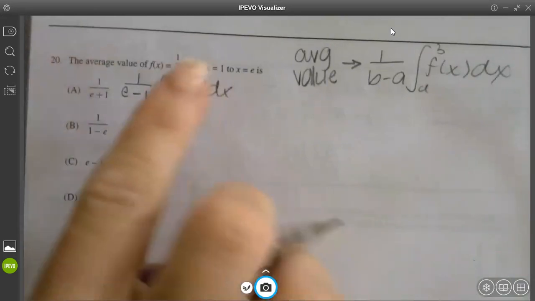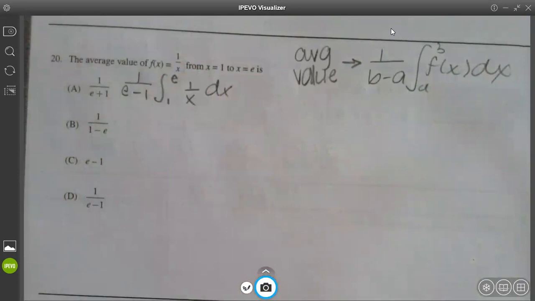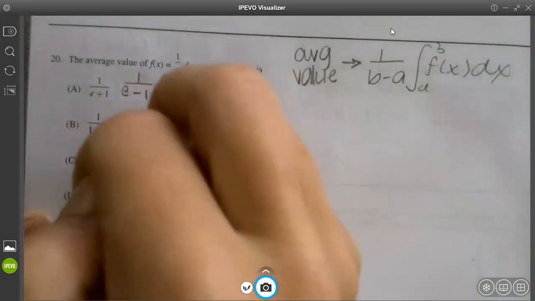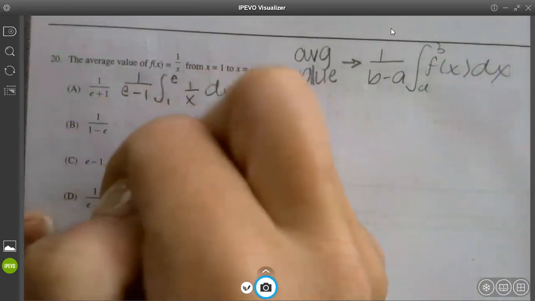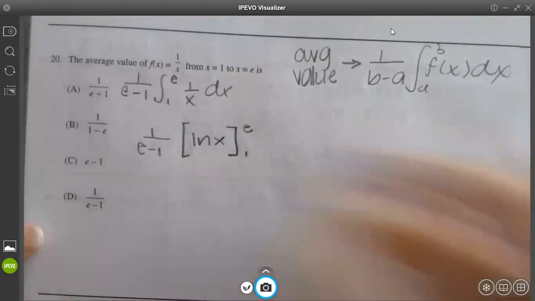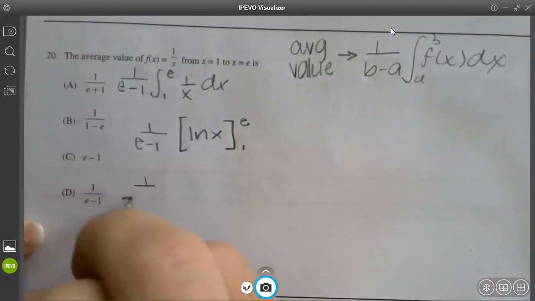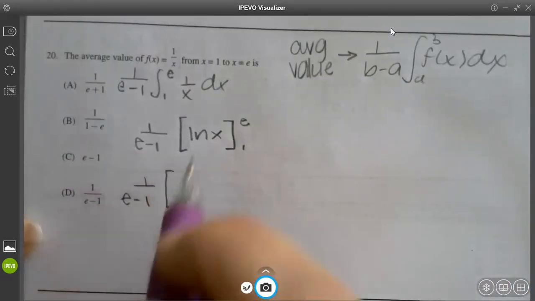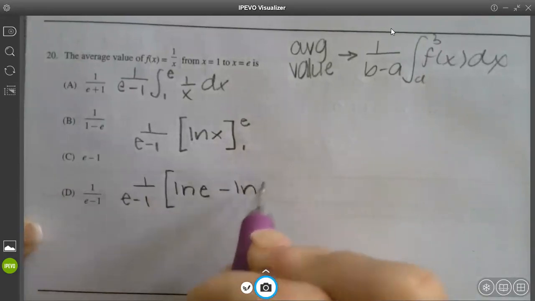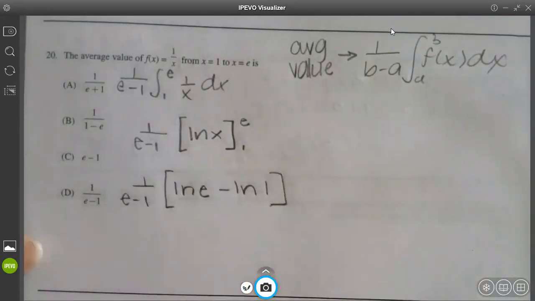All right. What's the integration of 1 over x? Okay, so we have 1 over e minus 1 of ln x from 1 to e. 1 over e minus 1 times ln e minus ln 1. What happens with ln and e?